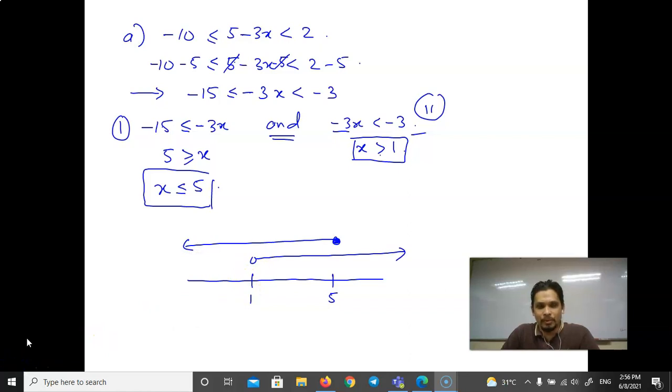So class, for this case, we apply the term of n to find the final solution on this number line. N means intersection. Intersection means where two lines meet each other.